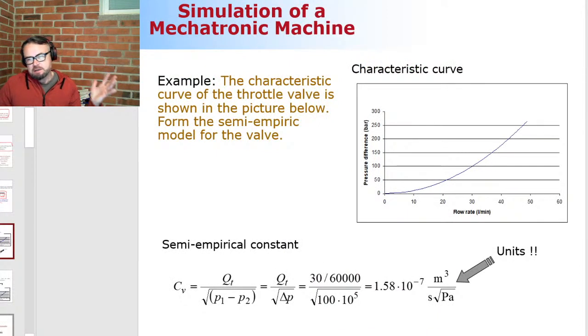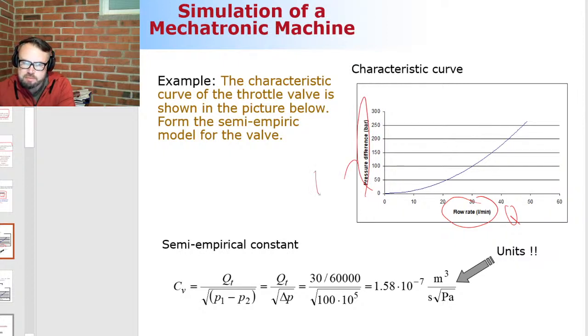Okay, so here's an example. I have here a characteristic curve, and in this curve I have flow rate, this is my Q, and pressure difference, this is delta P. And the characteristic curve is provided here. So this is my curve.